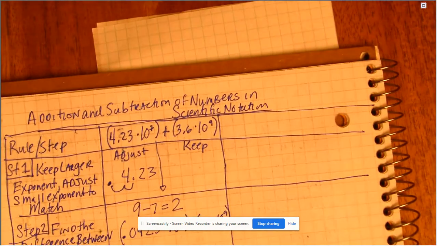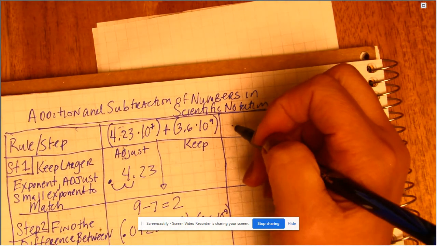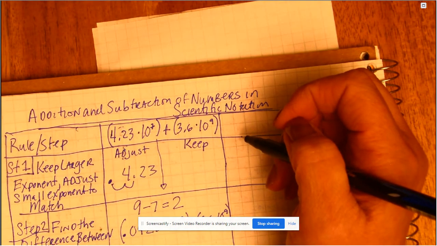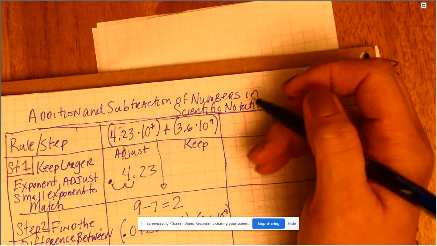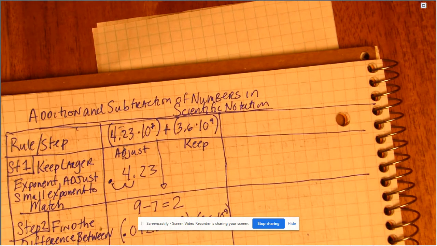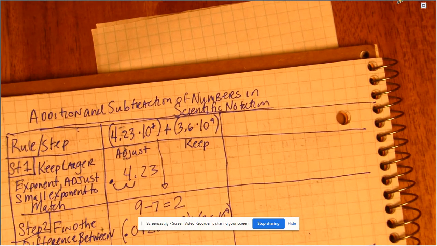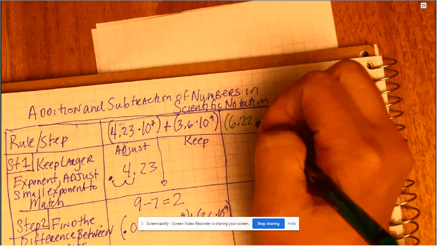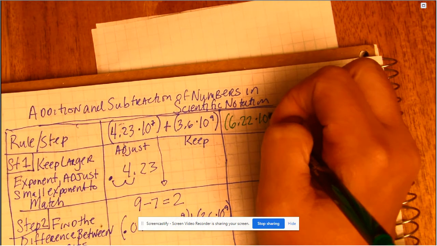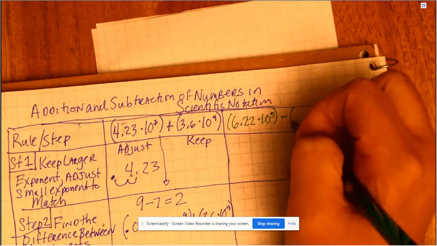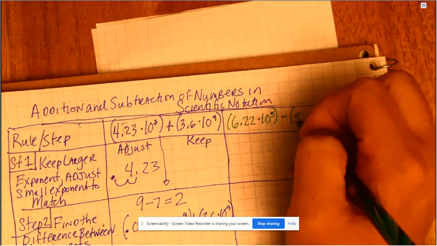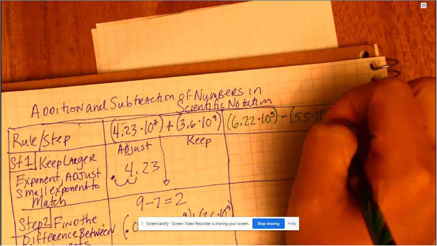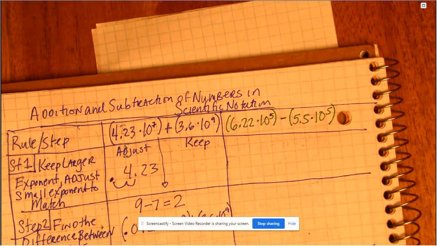Do another example. This time we'll do subtraction and we'll see what happens if our answer is not in scientific notation. Use the green again. So say we had 6.22 times 10 to the 5th. I'm going to make my life easy and subtract 5.5 times 10 to the 5th.